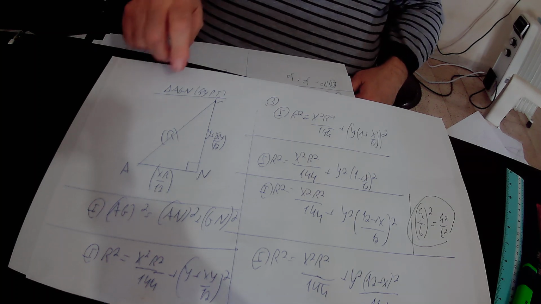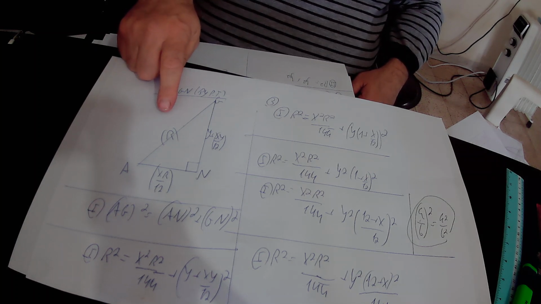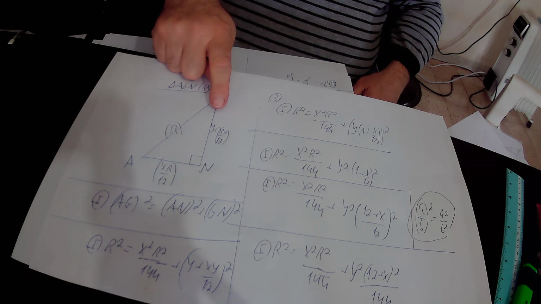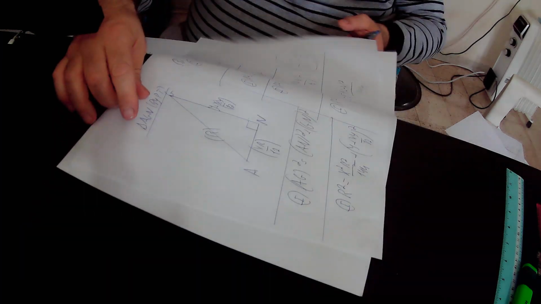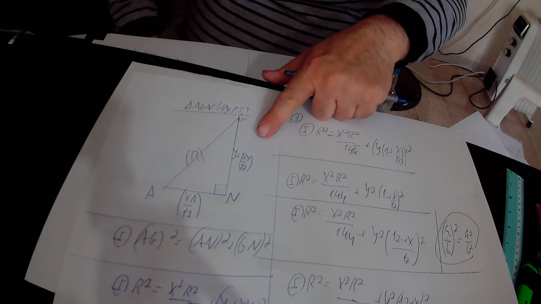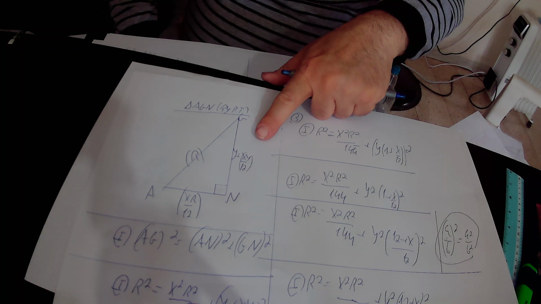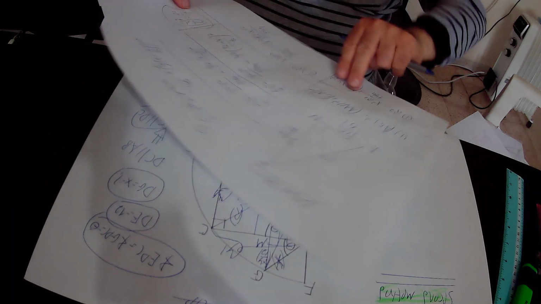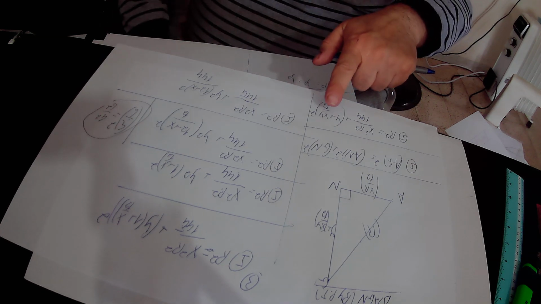AG is r, therefore AG square is r square, and it is equal to AN square plus GN square. GN is y plus xy over 12, therefore GN square is y plus xy over 12 square.